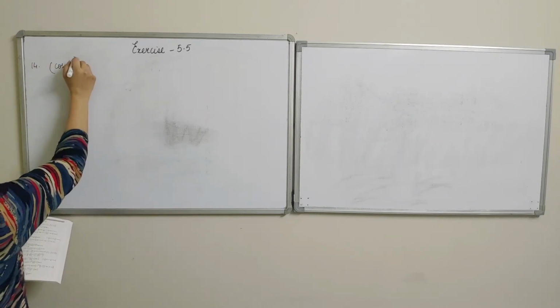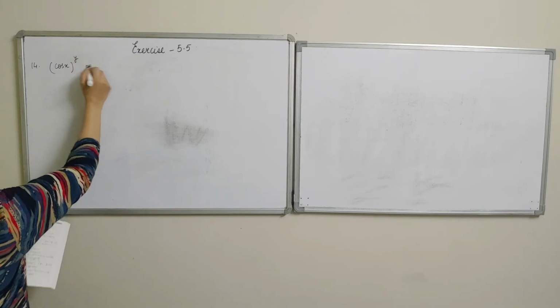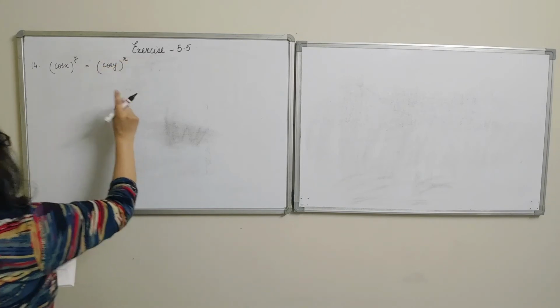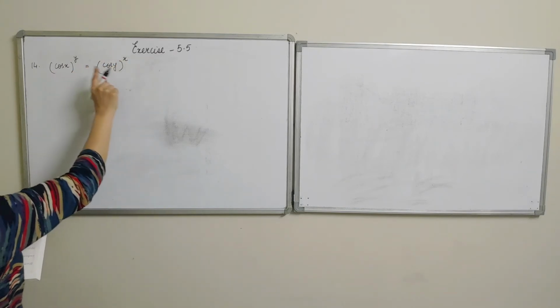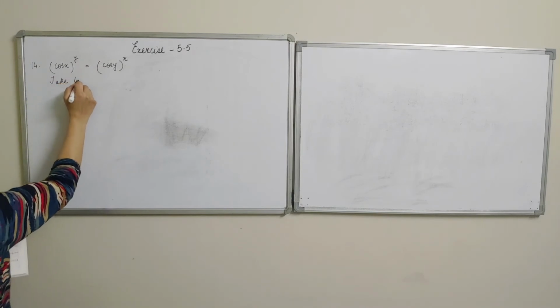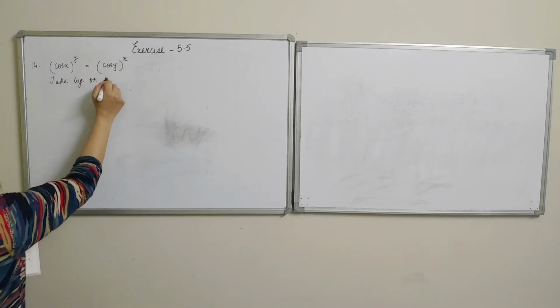Cos x to the power y is equal to cos y to the power x. Left side is a special function, right side is a special function, so we can directly take log on both sides.